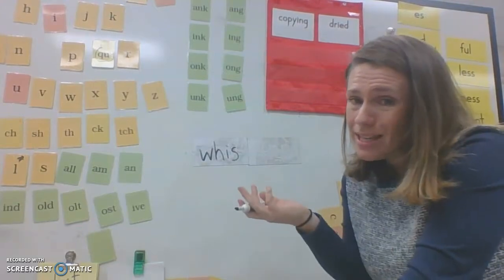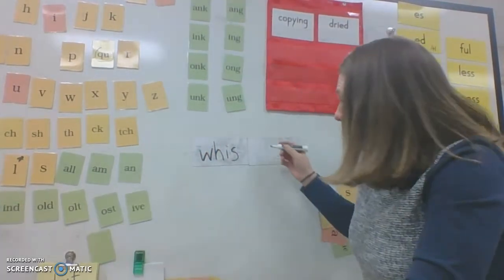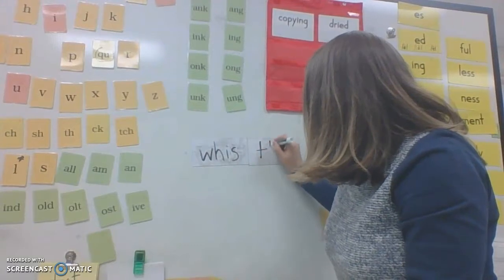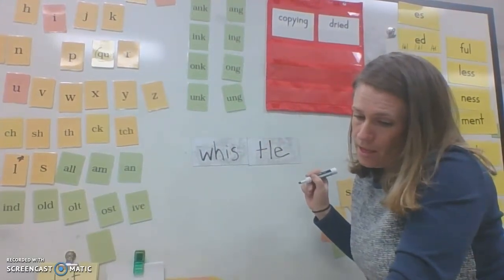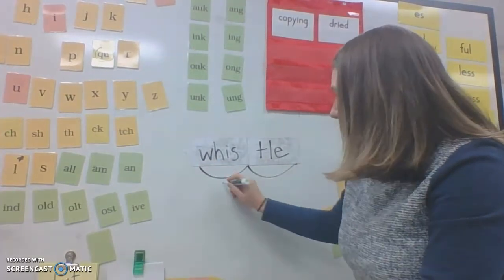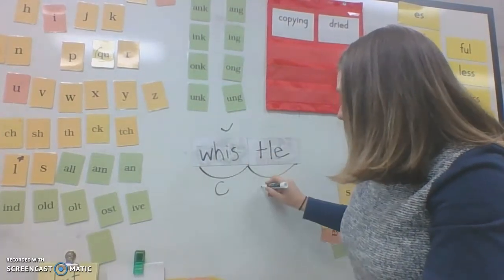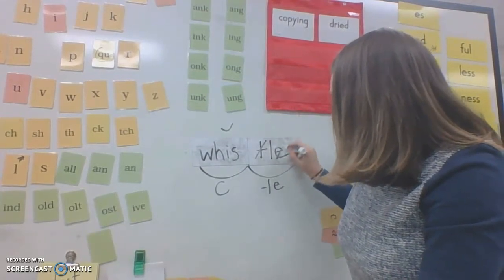And then the next syllable sounds like ul. So we know that it has to be the TLE sound. And then we can scoop it. Whistle. Closed, consonant LE, but a silent T and a silent E.